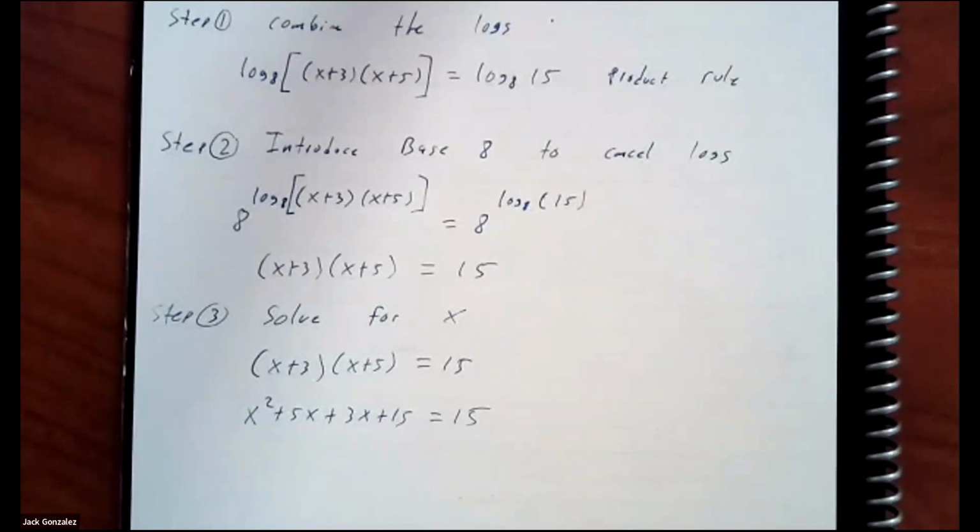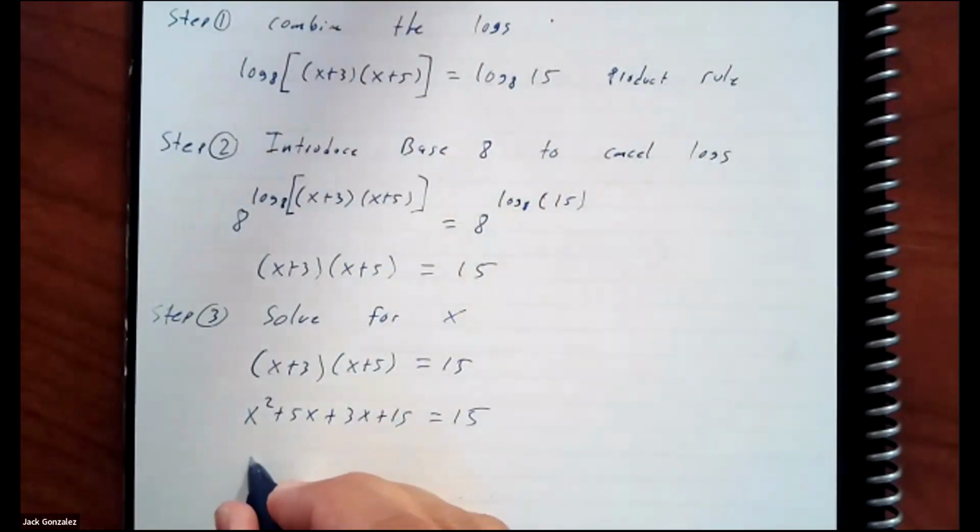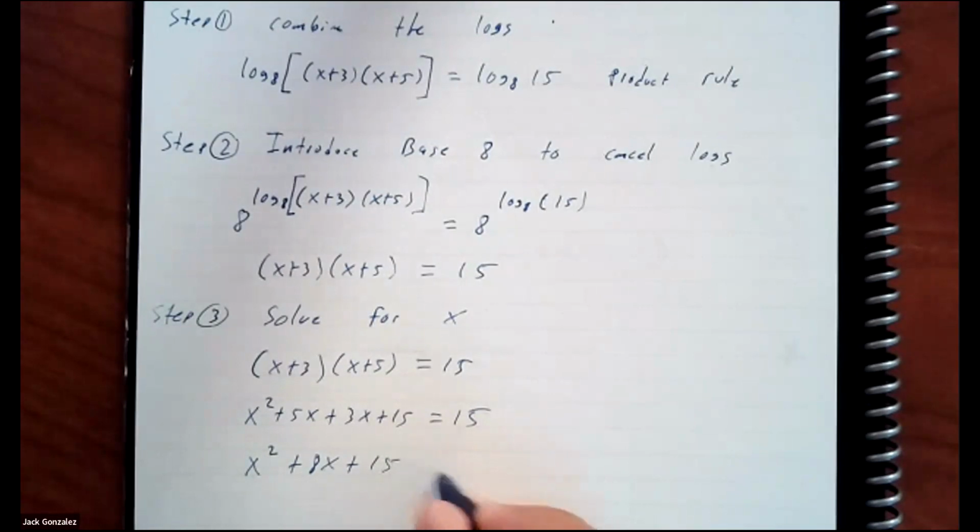And multiply it out, you should get x squared plus 5x plus 3x plus 15. Combining like terms. Should get this.